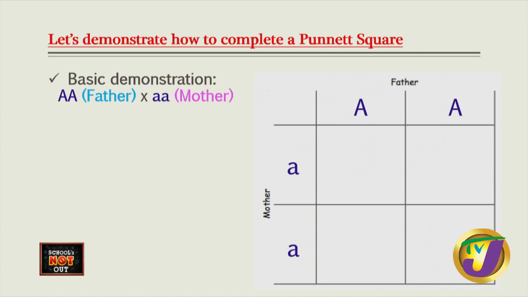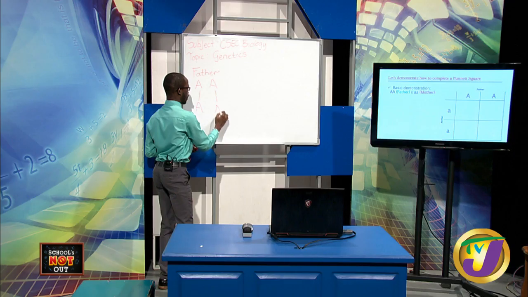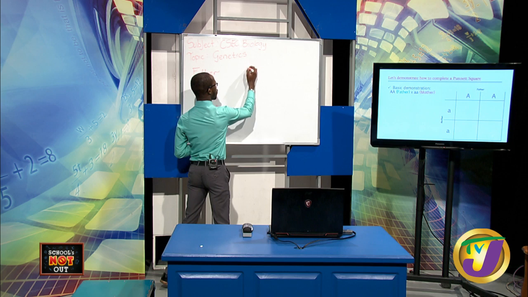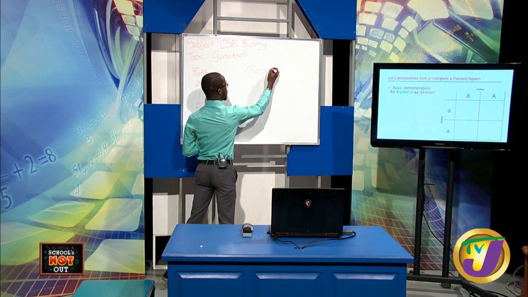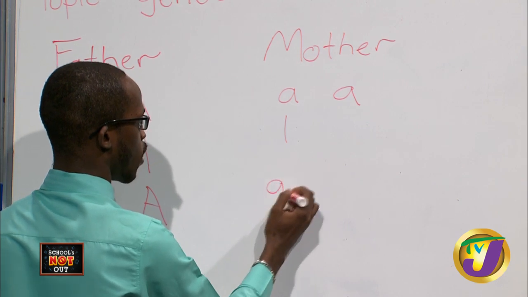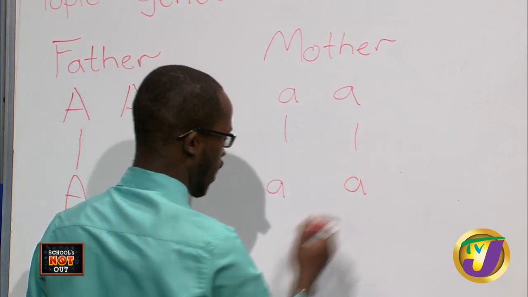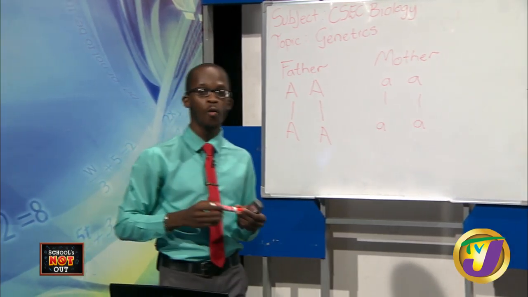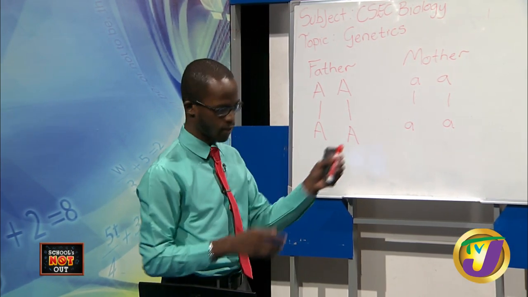We have 2 capital letters, and when we separate the alleles, we get a capital A and another capital A. For the mother, with the homozygous recessive, we have a lowercase a and another lowercase a. Now let's show how the combination will arise.